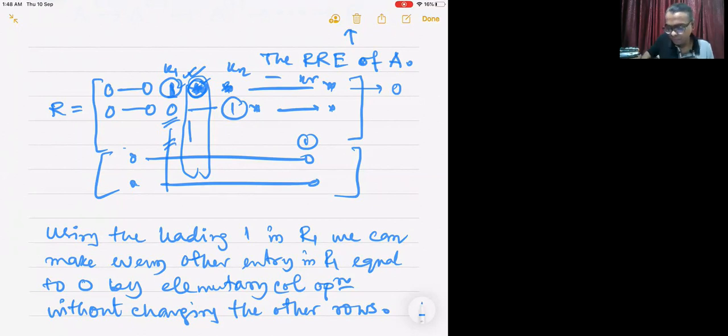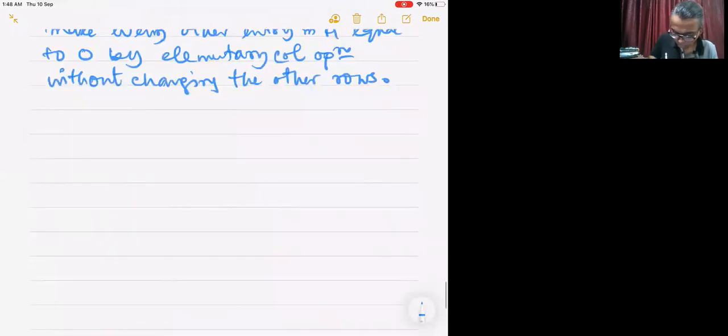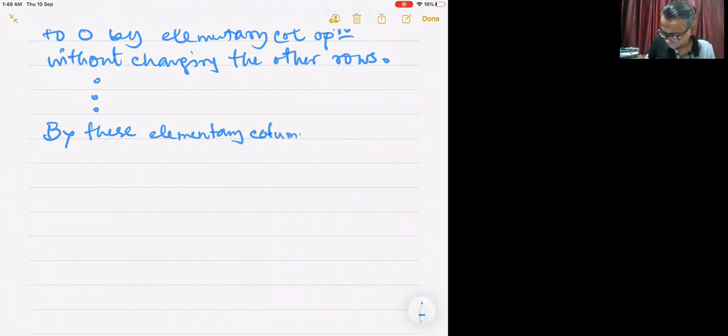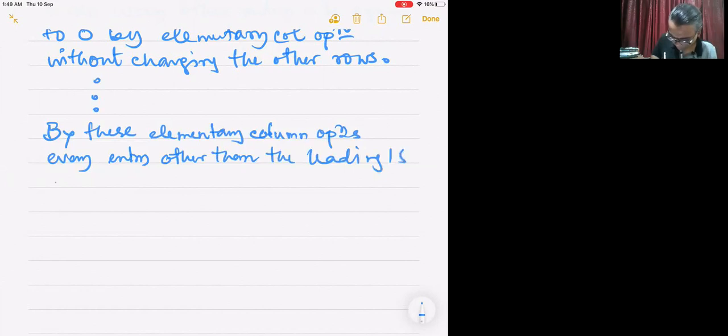So by these elementary column operations, every entry other than the leading ones can be made 0.